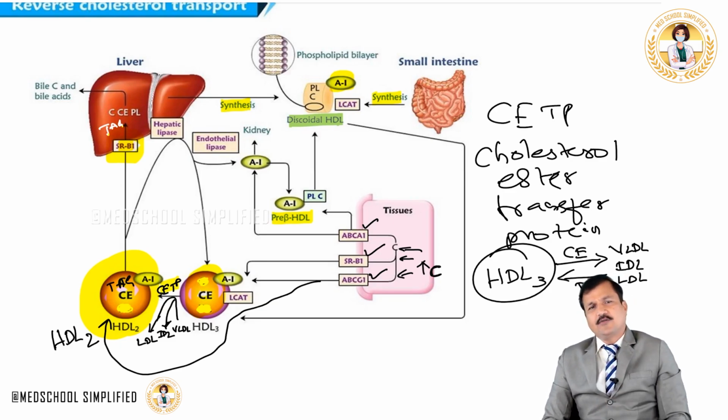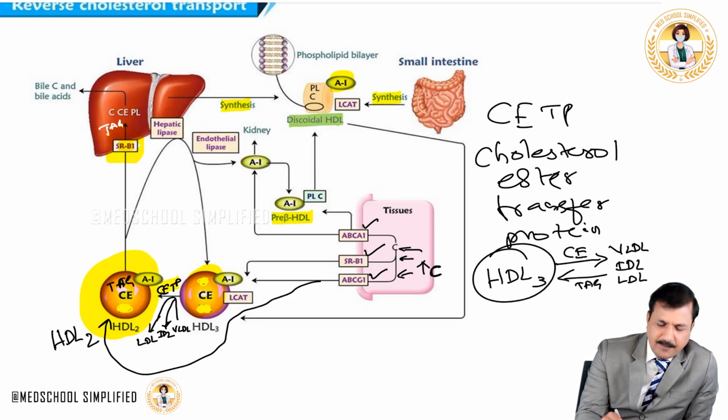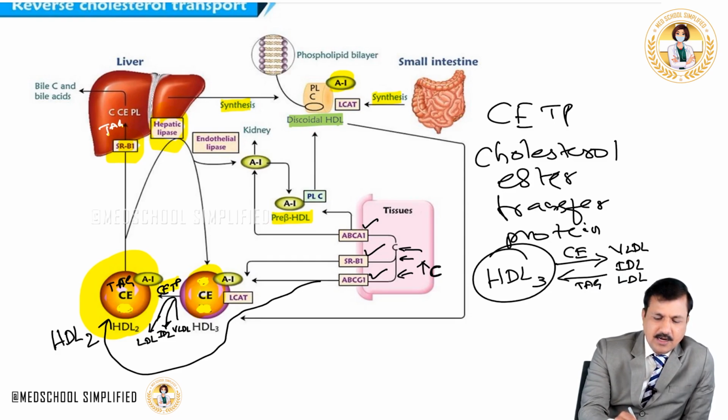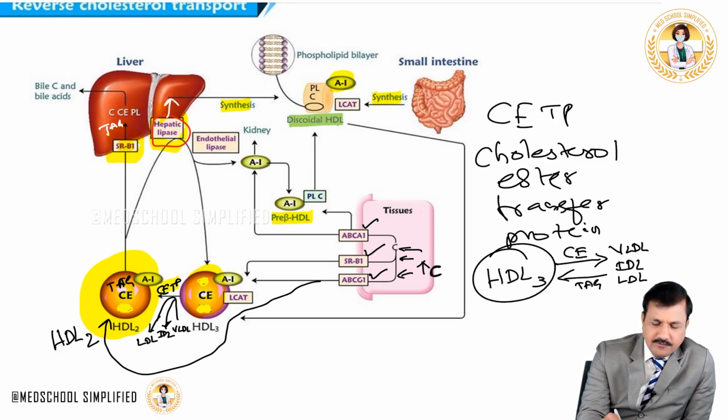Now the other fate of HDL2 is HDL2 can interact with hepatic lipase enzyme, and by interacting with hepatic lipase enzyme, only triacylglycerol is offloaded into the liver, as free fatty acids and glycerol, because hepatic lipase is going to degrade the triacylglycerol present in HDL2 into free fatty acid and glycerol molecule.